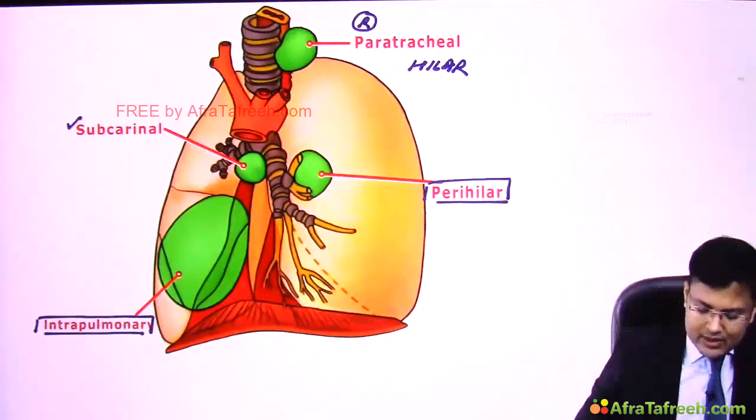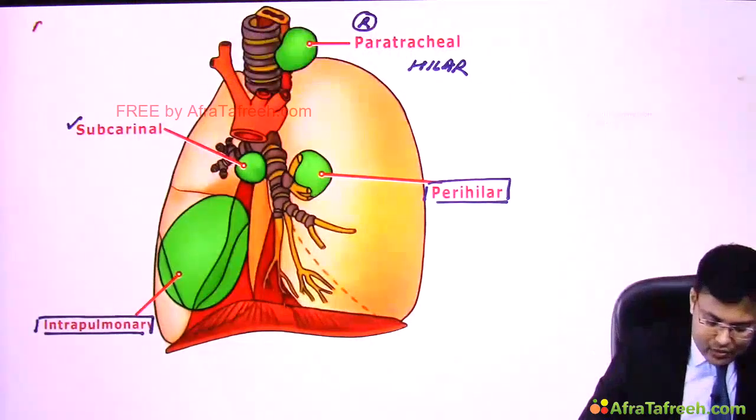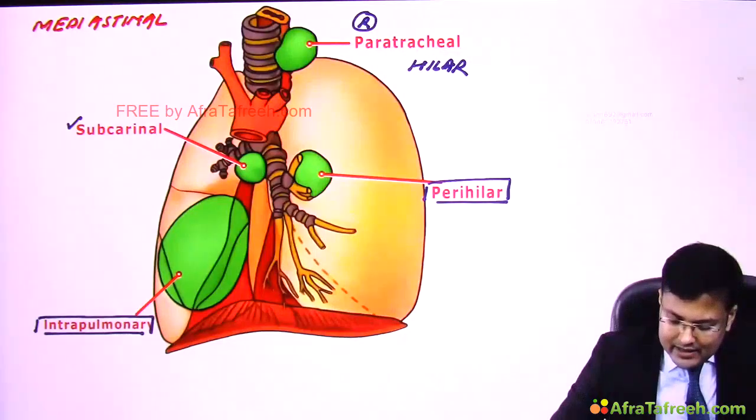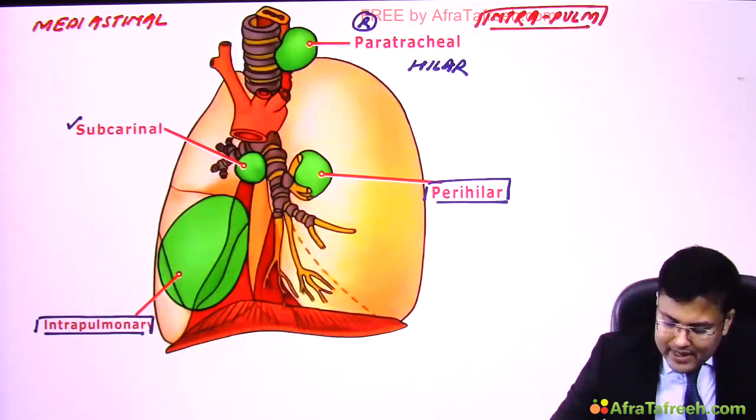Okay, so see what are the differences. There are two types. One is mediastinal and the second is intrapulmonary, which is also known as parenchymal.